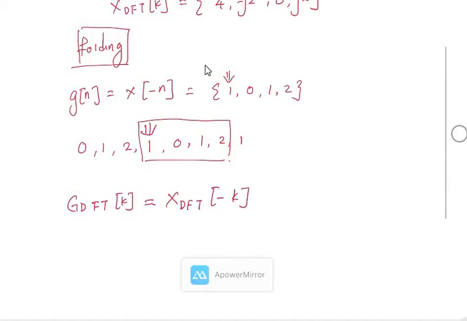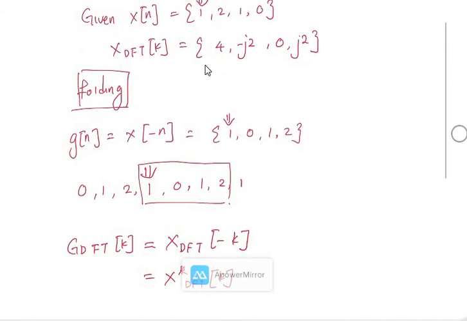So this is the property of folding, so it is the conjugate of X(k). So minus k is equal to the conjugate. If you refer to the question, that is 4, minus 2j, 0, and 2j.